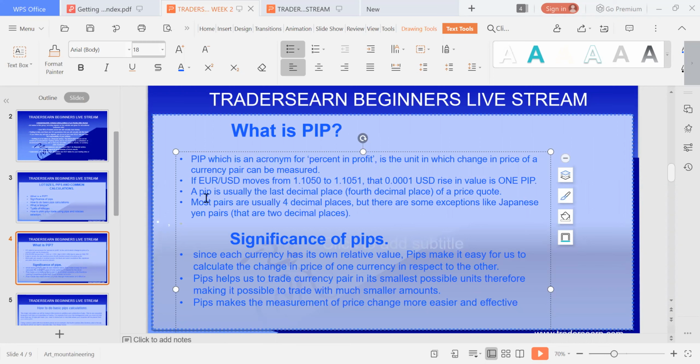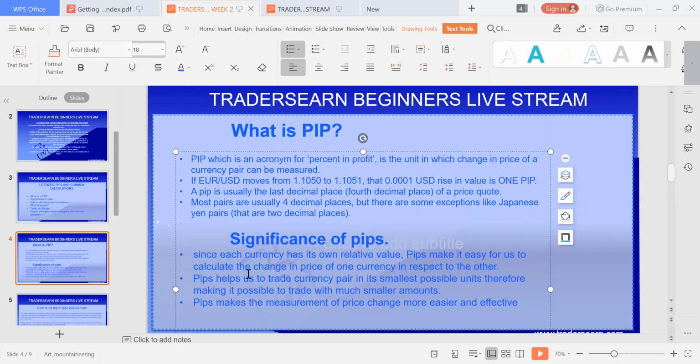A pip is usually the last decimal place, which is the 4th decimal place of a price quote. Most pairs are usually 4 decimal places. Yes, we have some that are not. We have Japanese yen. Any currency pair that contains Japanese yen will not have 5 digits after the decimal like others. It will have just 3.